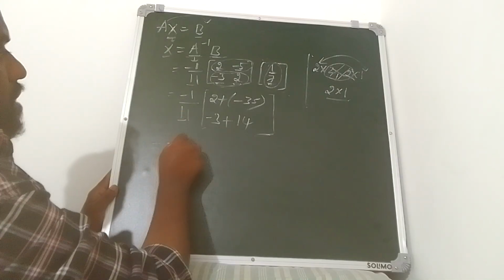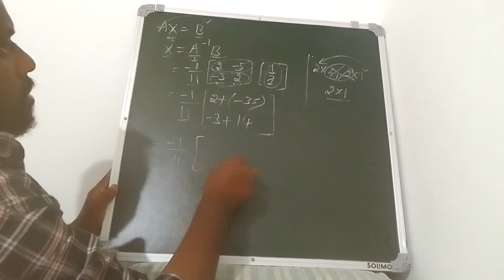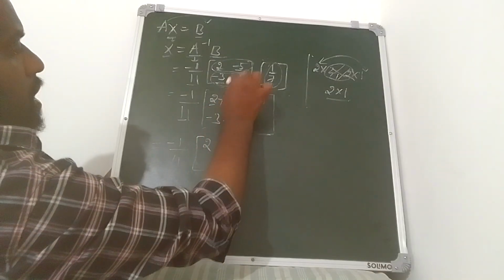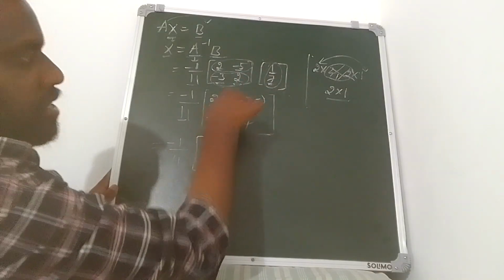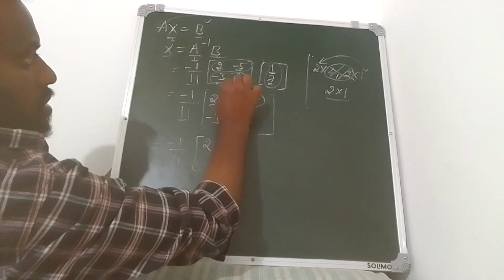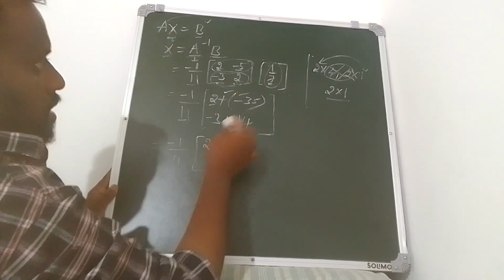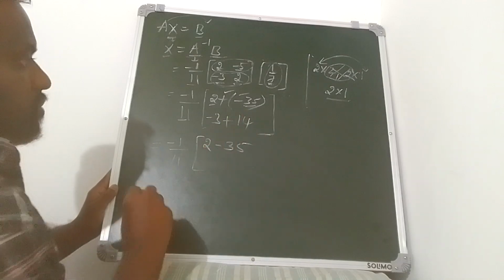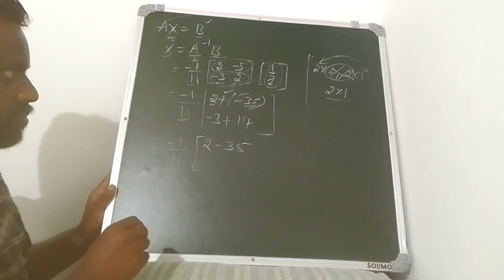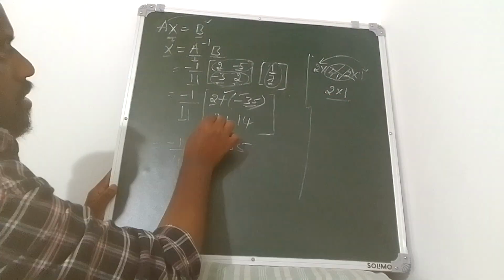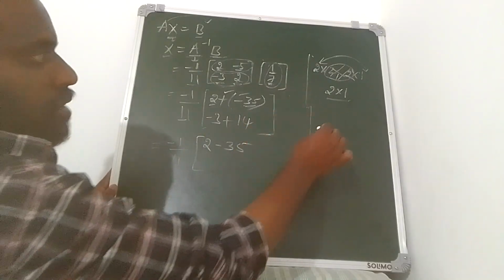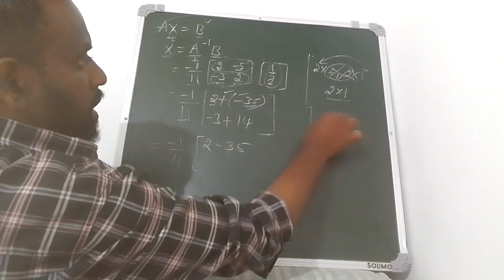Next, keep this as it is. Simplification. To write 2, first multiplication. A bracket means multiplication. Multiply the signs first. Plus into minus, minus. 35 keep as it is. Here, see, minus is there, plus is there. Minus into plus is minus.